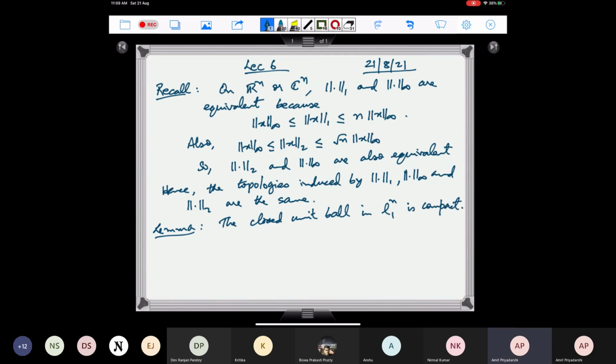That means that on Rn or Cn, if you take the L1 norm and look at the set of x such that norm x1 is less than or equal to 1, this is compact.